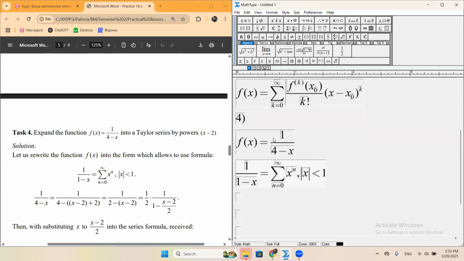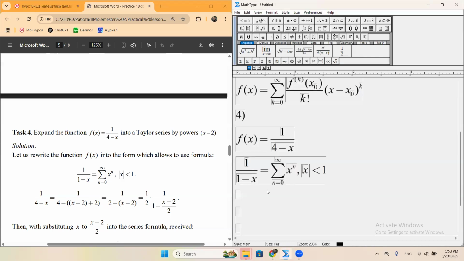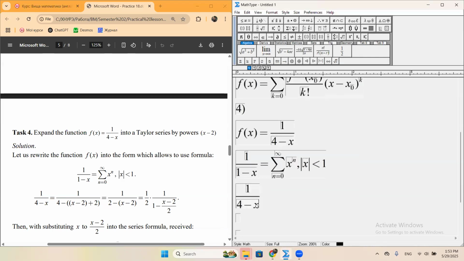And this function will be transformed to a similar form. How to transform it? First of all, we have to rewrite it like this: 4 minus (x minus 2) plus 2. Okay, writing it like this.